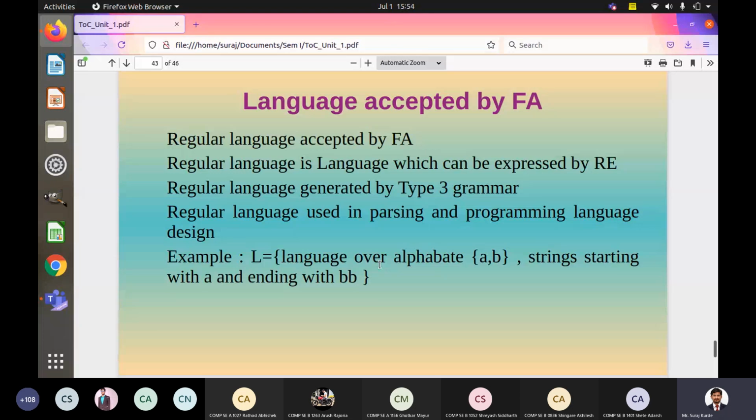It is generated by type 3 grammar. So type 3, type 2, type 1 and type 0. Type 3 is the innermost circle in the Chomsky hierarchy diagram that we have seen, and type 0 is the outermost.